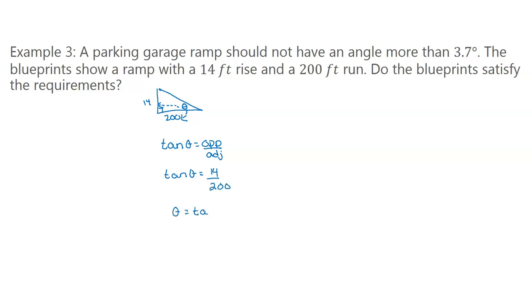So doing my tan -1 of 14 over 200 on my calculator, I get an angle of 4.0 degrees by the time I round. Now, since the ramp should not have an angle more than 3.7 degrees, then we'll say that no, it does not satisfy the requirements. No, the angle is too high.